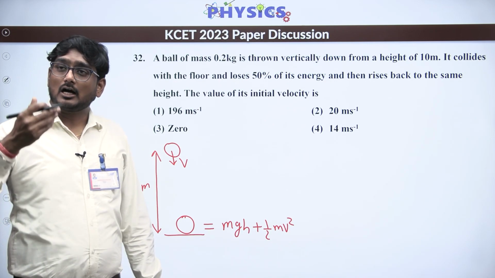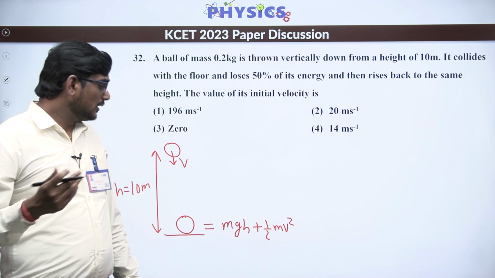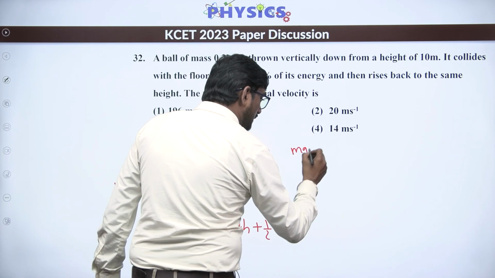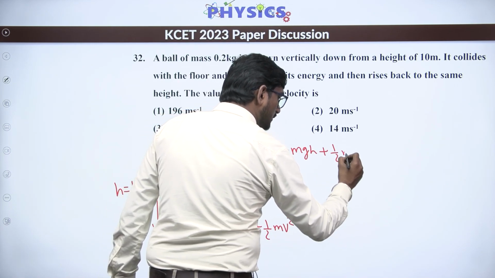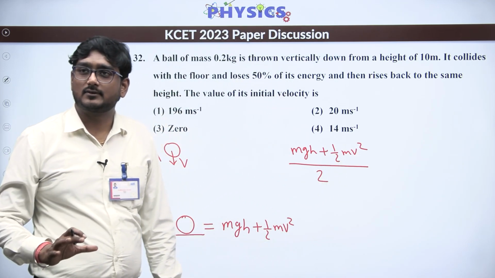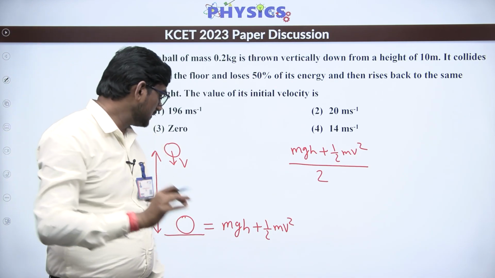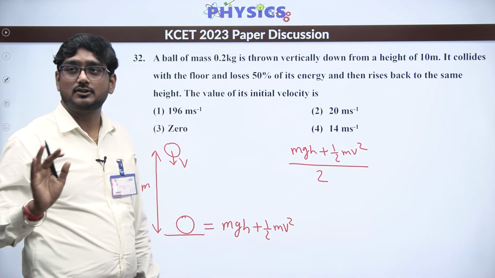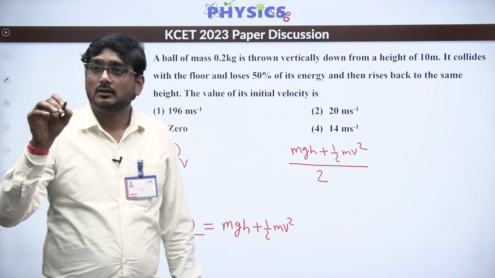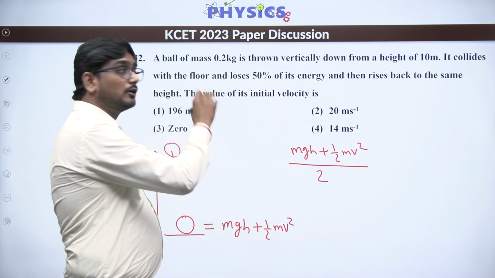Now they say that after hitting the ground it loses half of its energy, right? If it has lost half of its energy, how much energy is left? mgh plus half mv square, all by 2. This much energy is left. And then they say that it goes up to the same height h, which means the kinetic energy just after this collision is equal to the potential energy required to go up to the height.